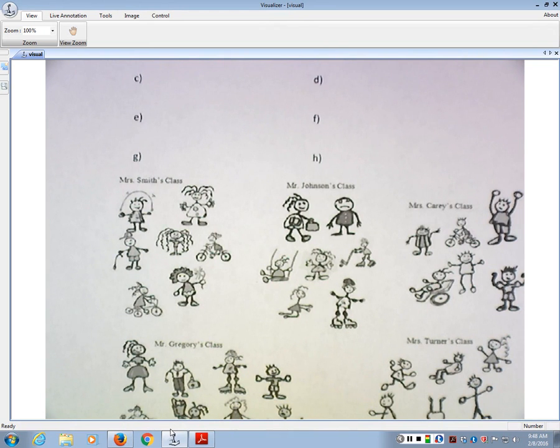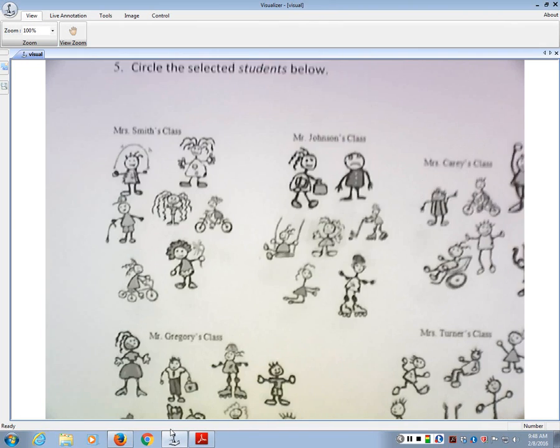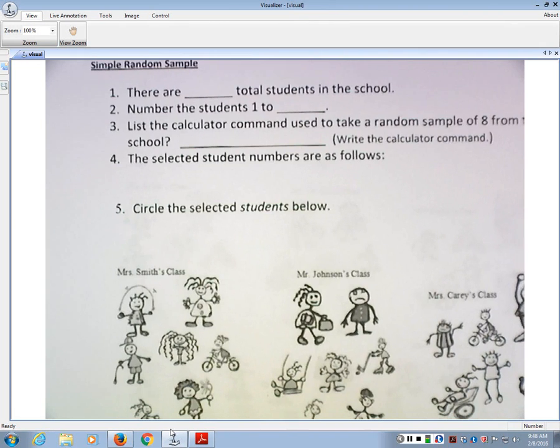And then we did a simple random sample using command randint 1,34, and we randomly chose students from the group.